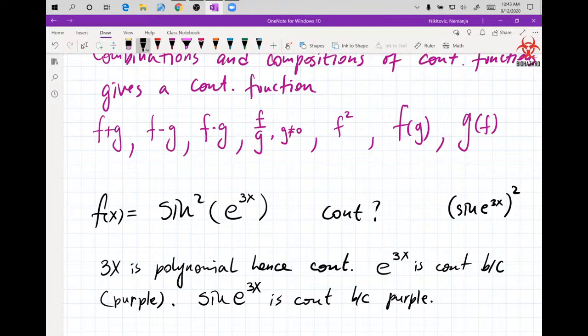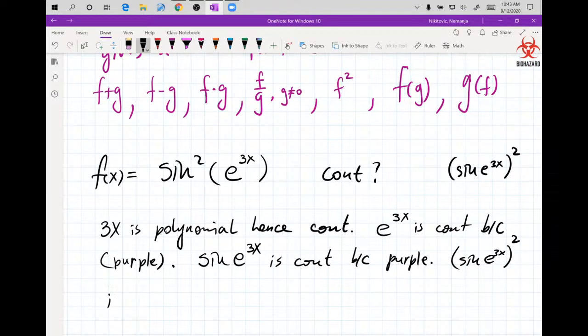And finally, when you plug in sine of e to the 3x into this, that's another function composition, so it is continuous because purple. So you would write the purple statement 3 times here. And as I said, this is used.